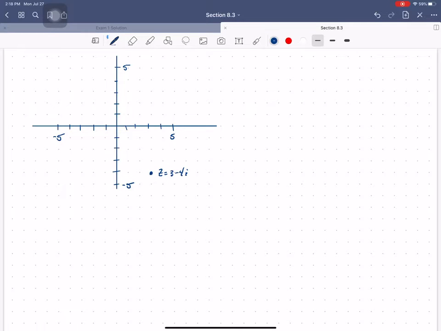Okay, so we talked a minute ago about being able to graph a complex number on the complex plane. And we've got a real axis and we've got an imaginary axis. If you think about what we did in the last section, it shouldn't surprise you too much to realize that we can think about imposing a circle on this axis.